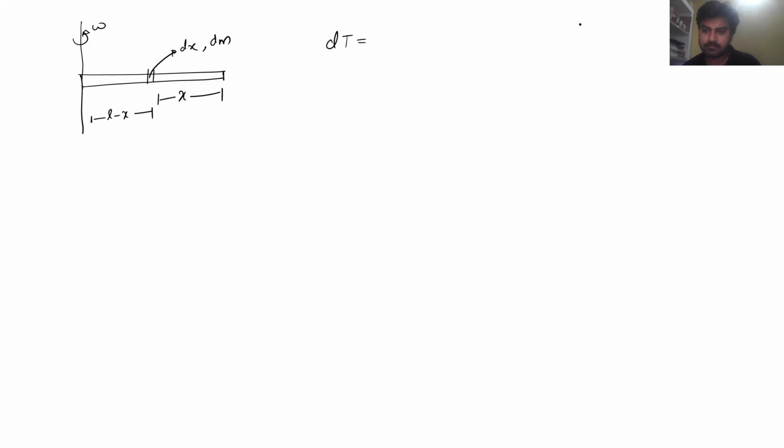What will be dm? dm will be total mass upon total length into dx, right? So what will be the tension? Tension will be m omega square r. So mass is dm, omega square, into distance is L minus X.